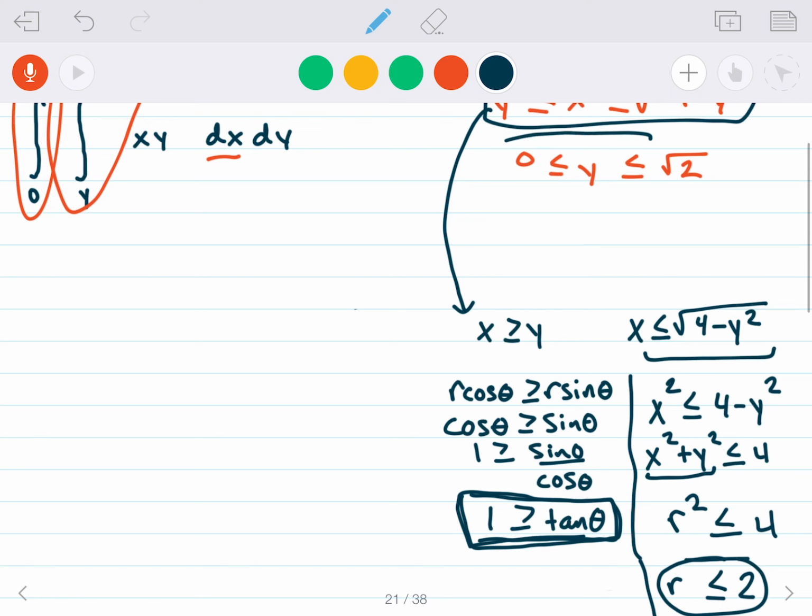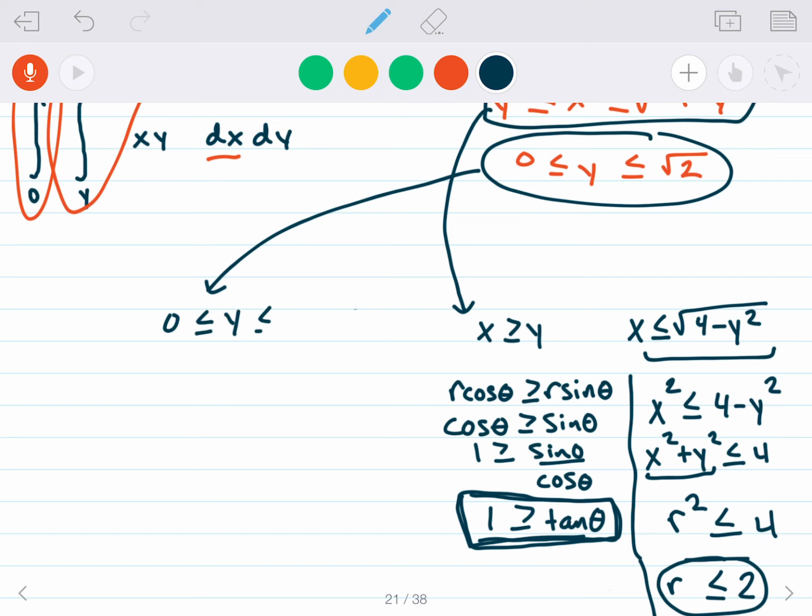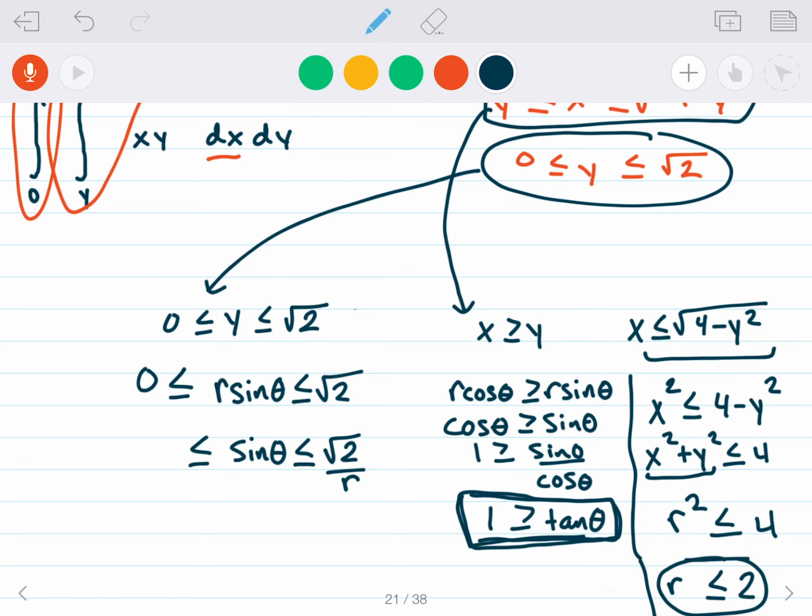Now, what about this right here? What is this telling us? Well, we have y varies between 0 and radical 2. And if I change y into polar coordinates, I have r sine theta is less than or equal to radical 2, greater than or equal to 0. If I divide by r, I get sine of theta is less than or equal to radical 2 over r, greater than or equal to 0 divided by r, which is just 0.